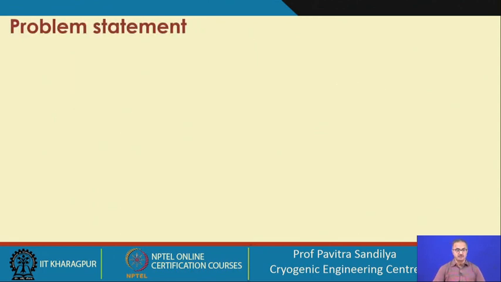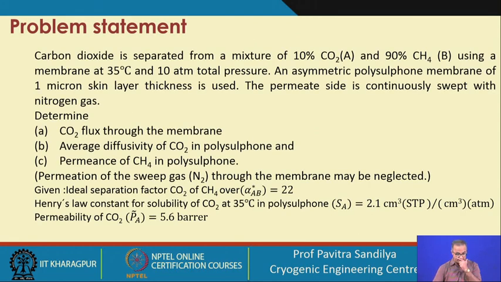Next we come to this problem. Carbon dioxide is to be separated from a mixture of 10% carbon dioxide and 90% methane using a membrane at 35 degrees centigrade and 10 atmosphere total pressure. We are using an asymmetric polysulfone membrane with 1 micron skin layer thickness, and the permeate side is continuously swept with nitrogen gas so that there is no accumulation of the permeate gas.